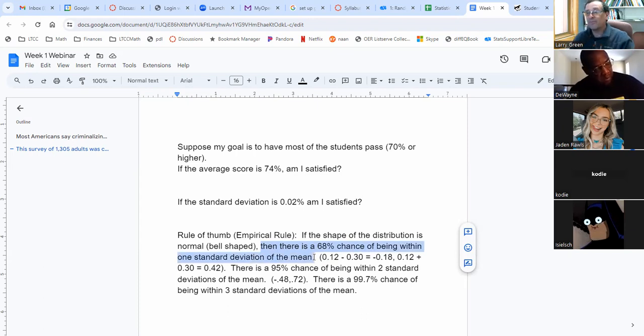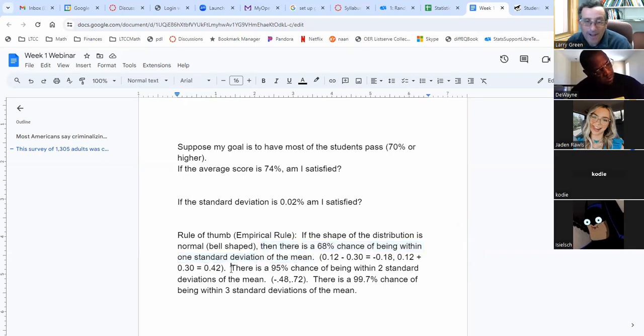So if you're normal or even close to bell-shaped, there's a very high chance of being within 1 standard deviation of the mean, or in other words, having a z-score between -1 and 1. Because the z-score is the number of standard deviations from the mean.